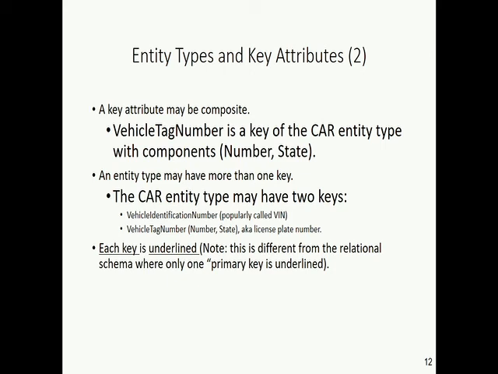An entity type can have more than one key, so the car entity type can have two keys. We have the VIN, or vehicle identification number, and the vehicle tag number, which is their license plate number. In general, we have what we call a primary key, which is the one you're actually using to look at uniqueness. We have secondary keys, which are other keys that we use to look things up.